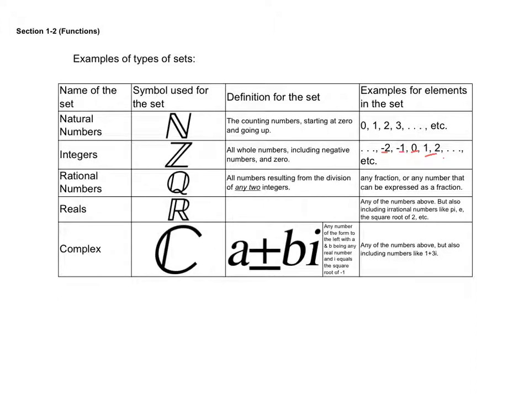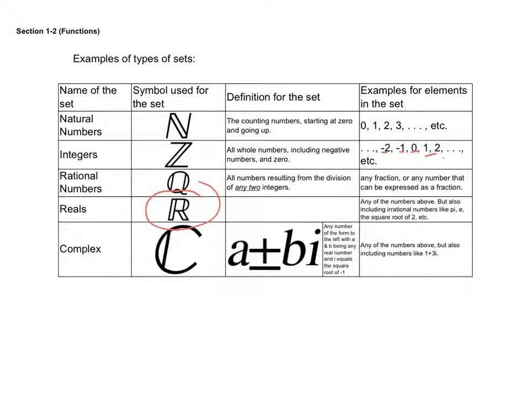Okay? So, when we look at the set of rational numbers and we add in the transcendental numbers and the radical numbers, we get another set called the reals. And that's what this is right here. That's the funky R that we called into being before. And that is going to be any of these numbers above.